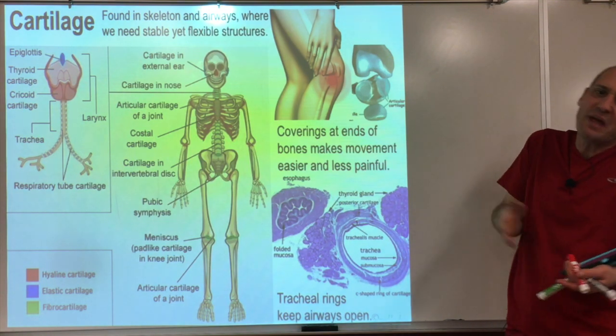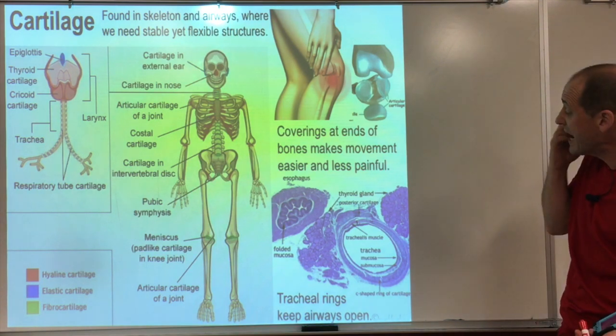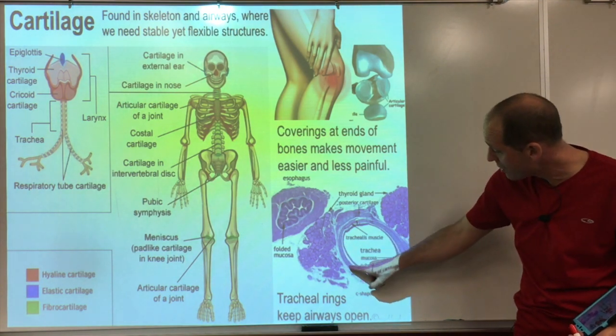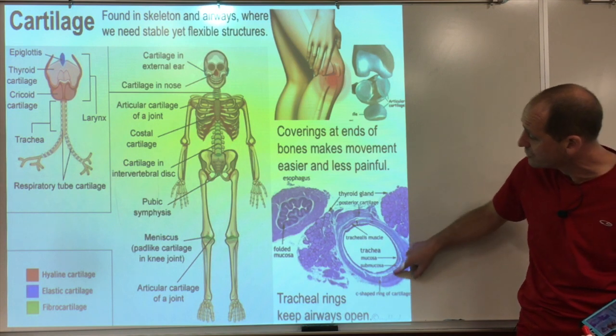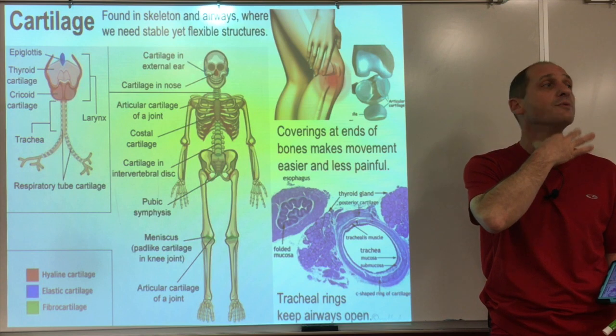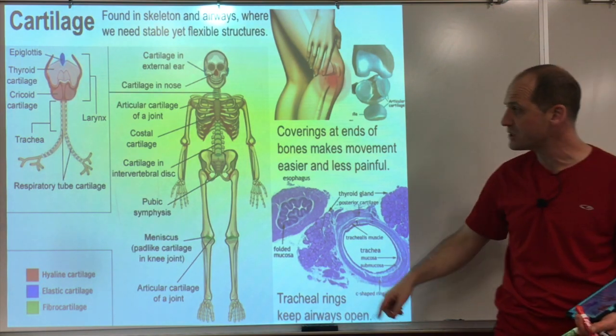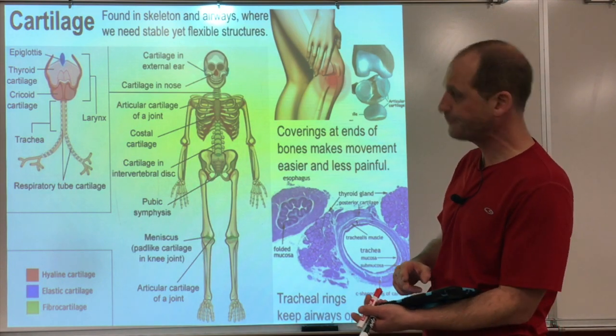Air is not going to push that tube open to get into the lungs. That's way too crazy. So there we have these rings that go halfway around to the front, and they keep that tube open so we can breathe. So the windpipe, the trachea. That's kind of cool. That's a very nifty way to use cartilage.